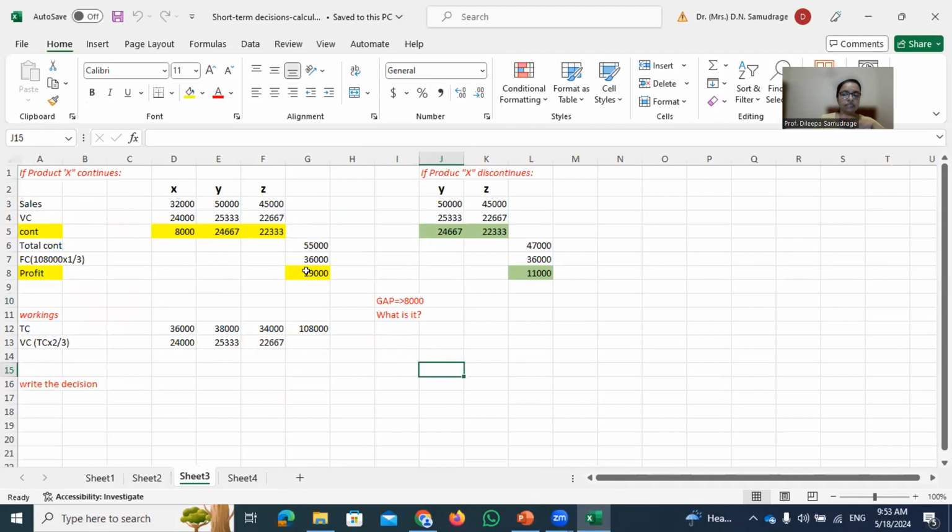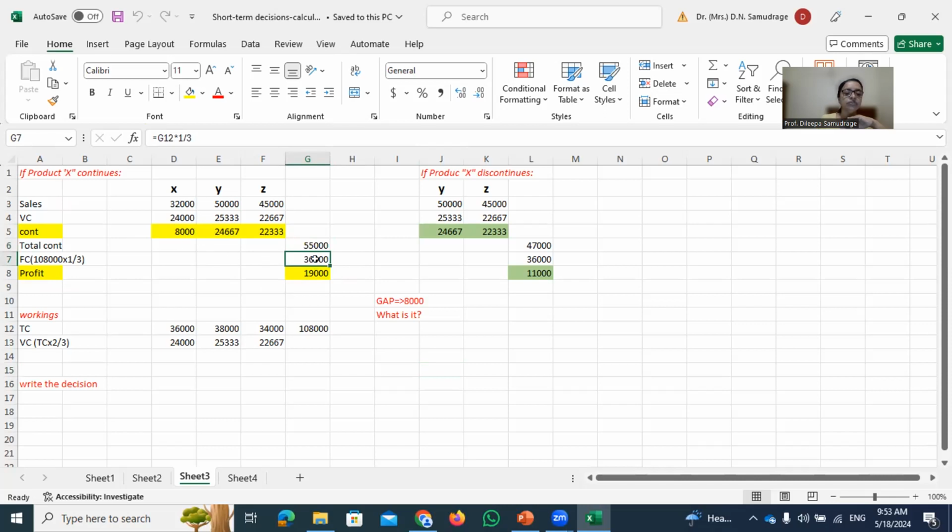For others, not group number 3, I'm repeating. First you have to show if product X continues. Then you have to show the sales, variable cost, and contribution. Then you have to take the total contribution and deduct the total fixed cost, not from each product.